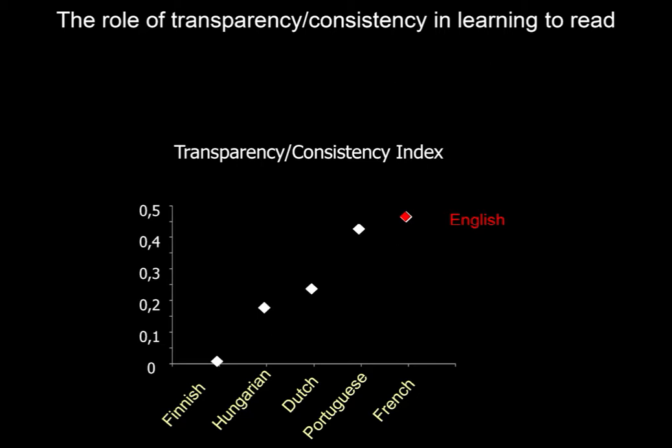Then you have Hungarian. That index uses just the first letter in a large corpus. There's some inconsistency. Dutch, some more. Portuguese, see, there is more inconsistency than in others, and that makes sense because you have 22 consonants, you have nine oral vowels, and you have, I don't know how many nasal vowels, and you only have 26 letters.